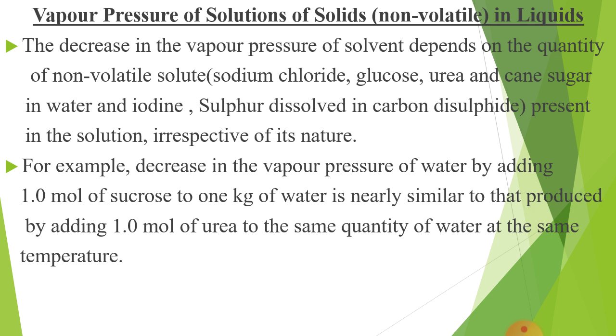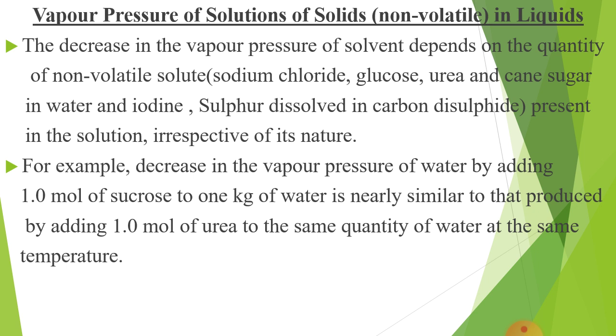To explain this, an example is given. For example, decrease in vapor pressure of water by adding 1.0 mole of sucrose to 1 kg of water is nearly similar to that produced by adding 1 mole of urea to the same quantity of water at the same temperature.